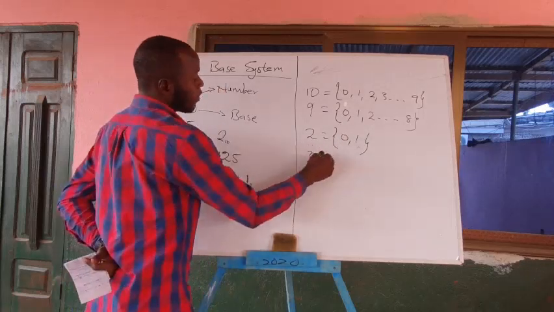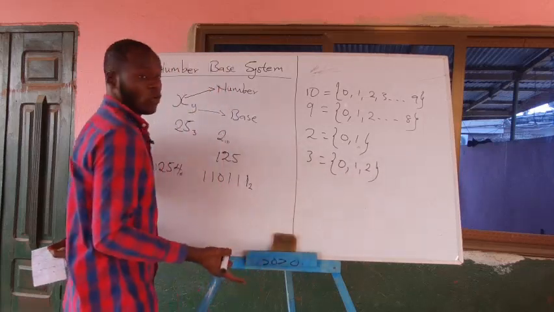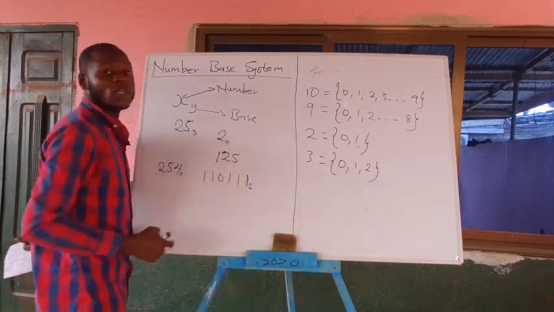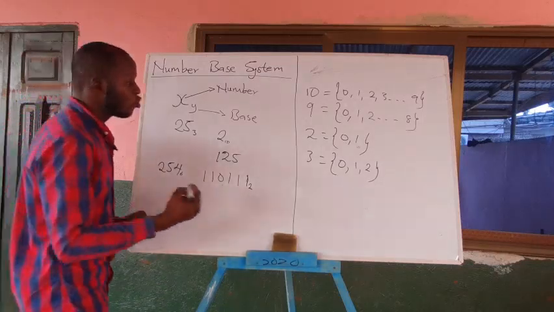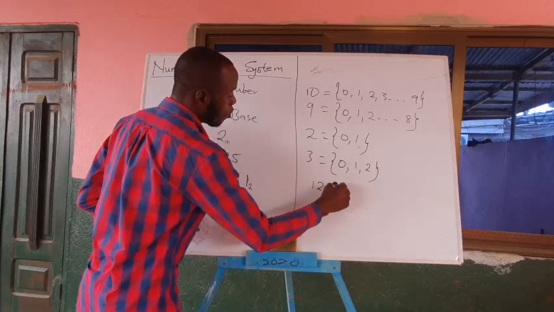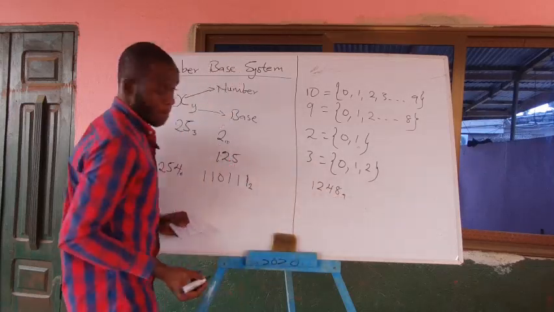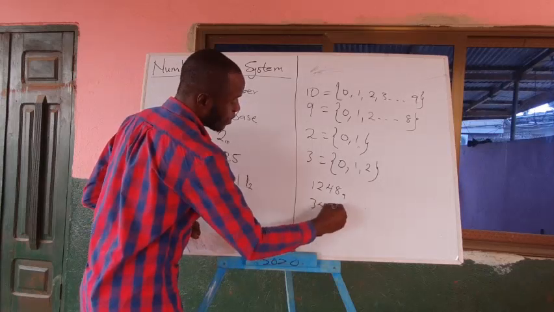If it is in base 3, the digits will be 0, 1 and 2. The digit will never get to 3, or exceed 3. So you could have, say, 1248 to the base 9, or 345 to the base 10.